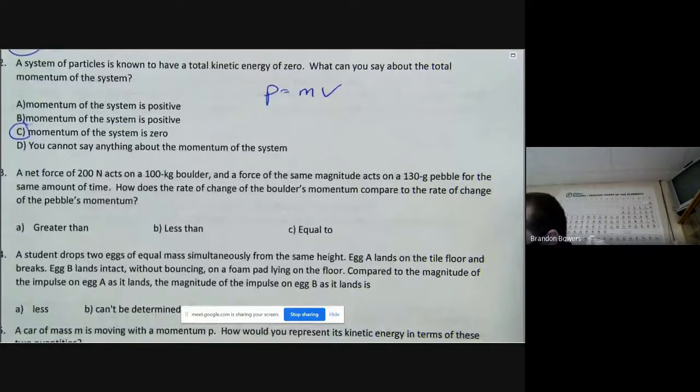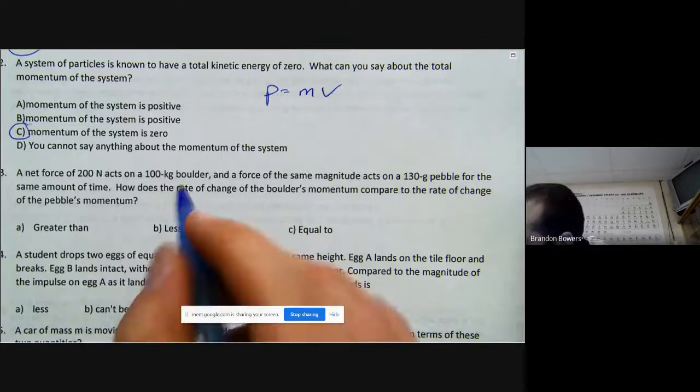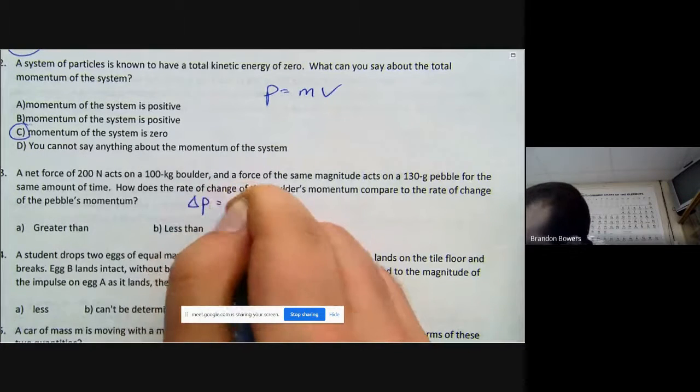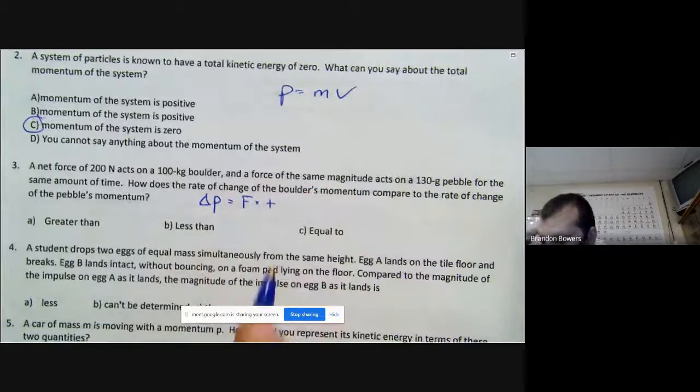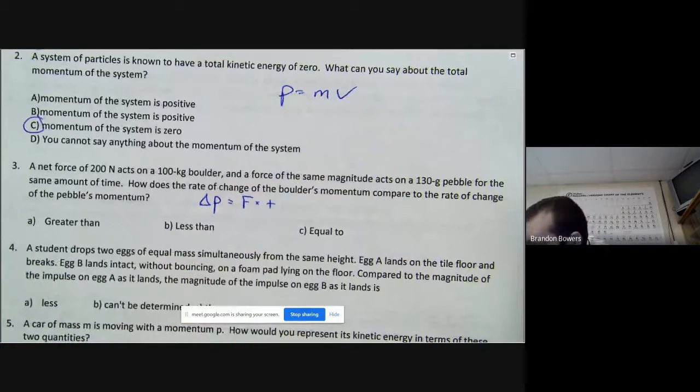Three. A net force of 200 newtons acts on a 100 kilogram boulder, and a force of the same magnitude acts on a 130 gram pebble for the same amount of time. How does the rate of change of the boulder's momentum compare to the rate of change of the pebble's momentum? All right. So if we look at the change in momentum, so force times time, well, the force and time is actually the same, right?